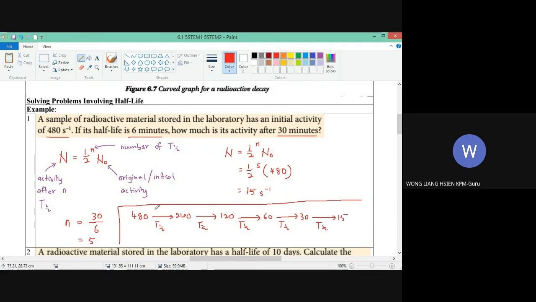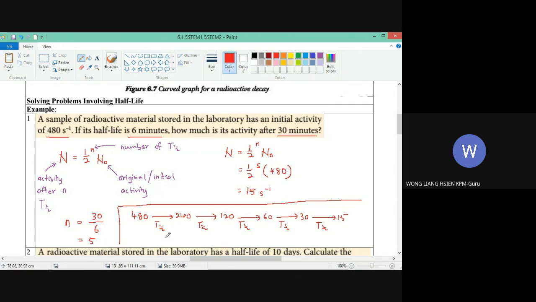So see, you count that it's 30 minutes, 5 half-lives already passed. 1 half-life, 2 half-lives, 3 half-lives, 4 half-lives, 5 half-lives. So after 5 half-lives, 480 per second will change into 15 per second.